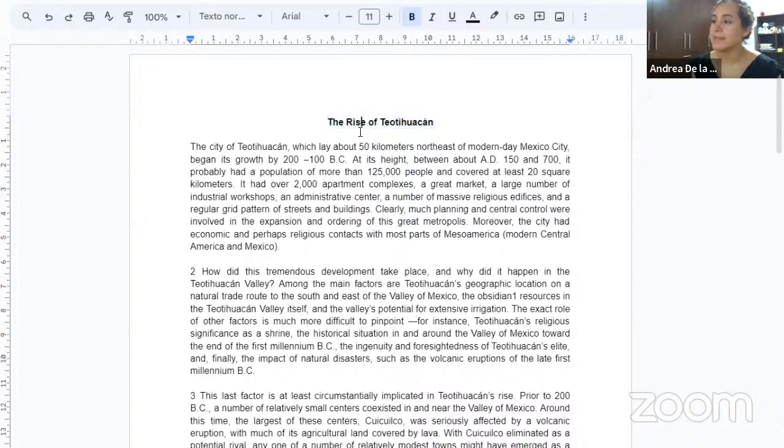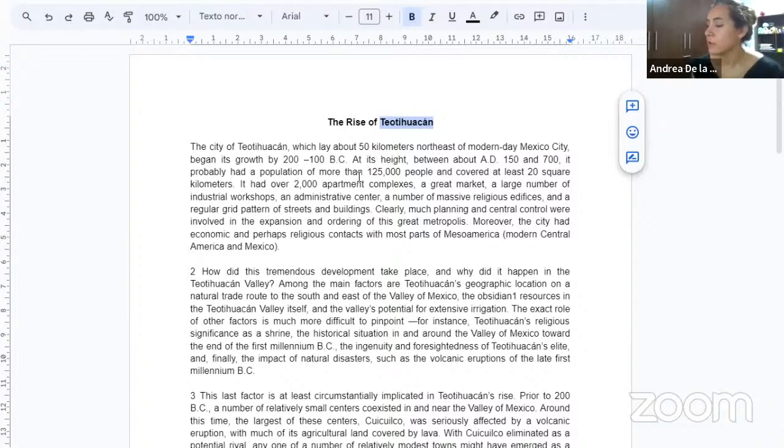Probably the rise is the development, right? The growth. So it's probably going to talk about the development of Teotihuacan. We don't know what Teotihuacan is yet, but you can maybe start guessing that it's a civilization, a culture, something like that.